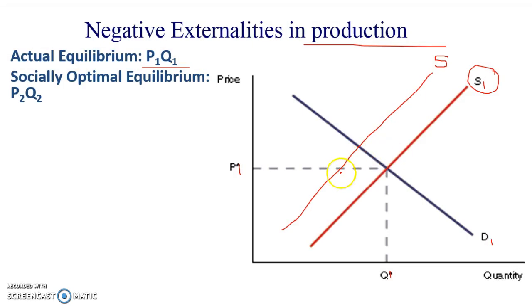If they took into account the full cost, including the external costs, their costs would be much higher than they currently are. And we know when costs increase, supply moves to the left, it moves inwards there. So the socially optimal equilibrium being the one where we take into account the full cost of an activity would be there, Q2 and P1, sorry, P2, bit of a slip up there.